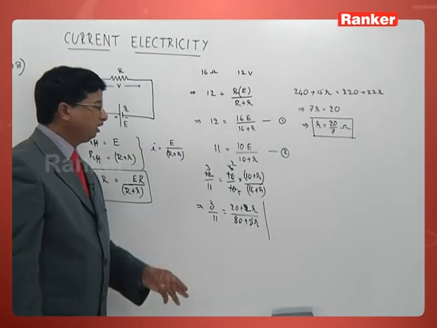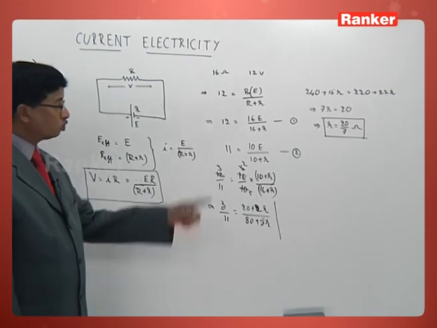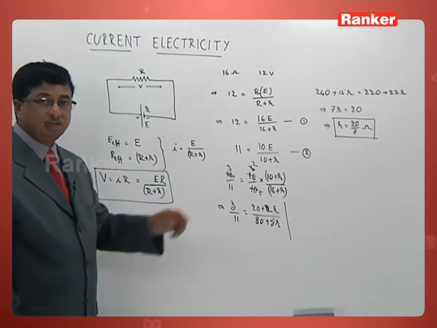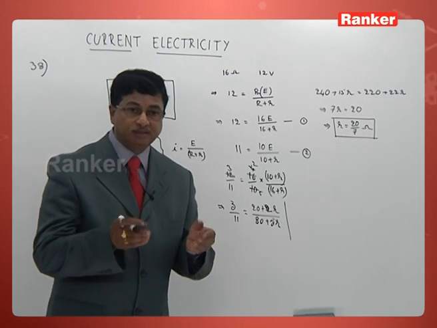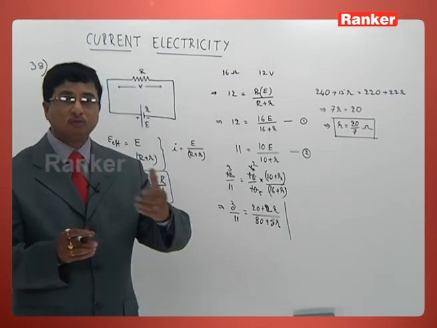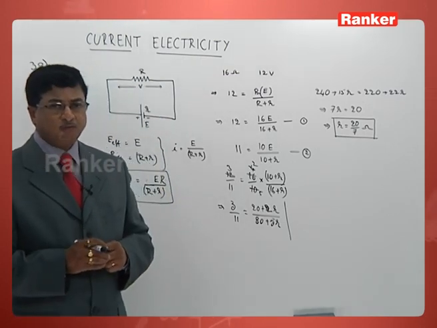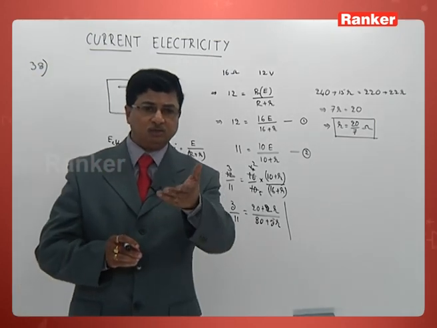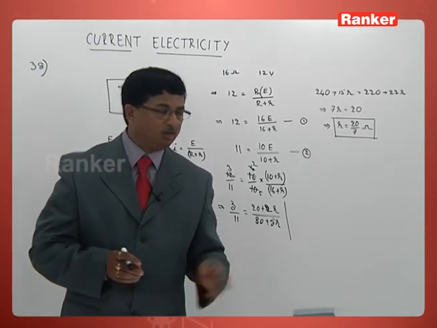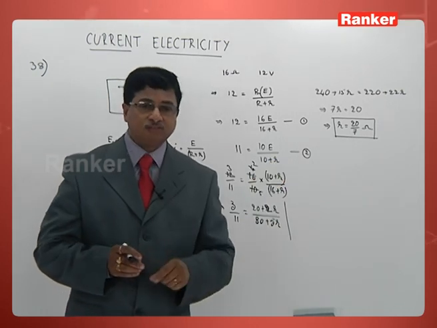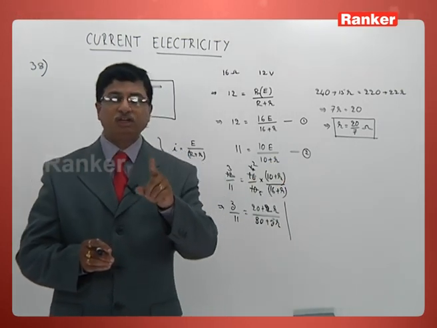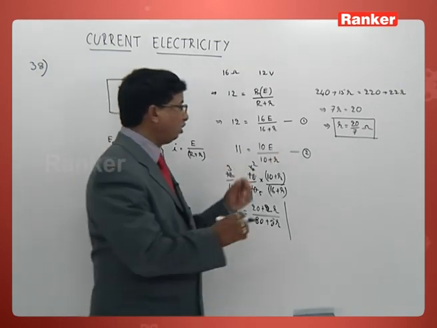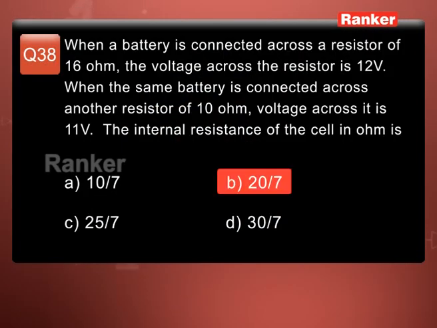So what must be the correct answer for this? 20 by 7 ohm must be the internal resistance of the cell that is used in both the cases. Which answer that is tallying with that? Look at first option 10 by 7 is not correct according to this. Second option given as 20 by 7 ohm. So what is the correct option? The answer for this particular problem is the second option, which is now B, that is 20 by 7 ohm as such.